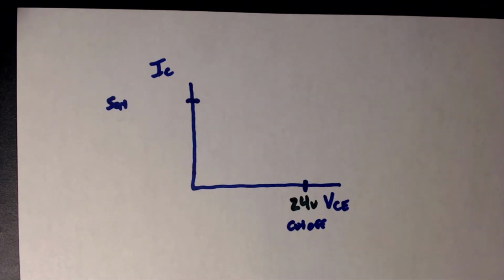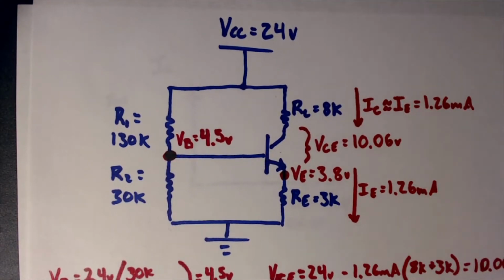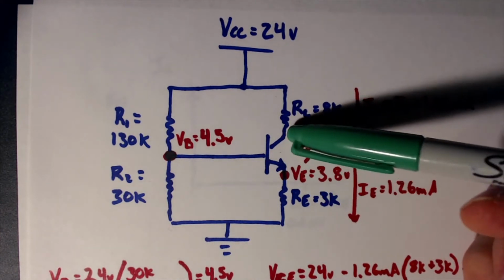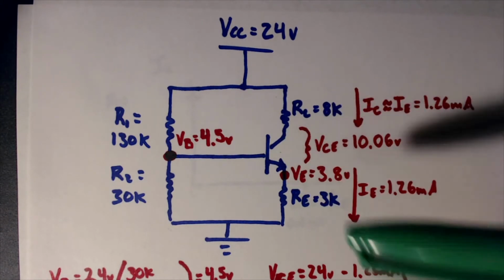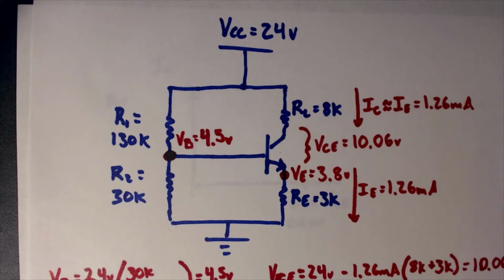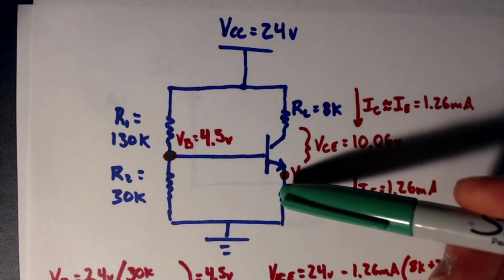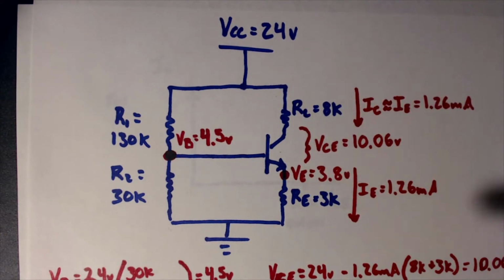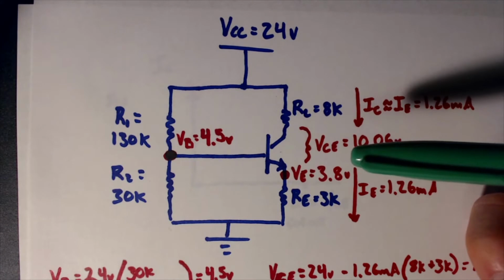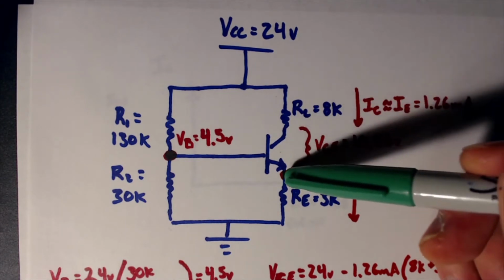Okay, now we need to go ahead and figure out what IC is at saturation. Let's go back over here. Now remember, for doing the load line analysis, we're going to take that saturation voltage to actually be 0. We're letting this transistor behave like a perfectly closed switch. Perfectly closed switch would just be a wire. So we have 0 volt drop between the collector and the emitter. Now, if that's the case, what is IC going to be at saturation if we have a 0 volt drop there?